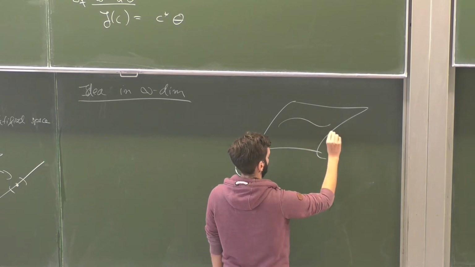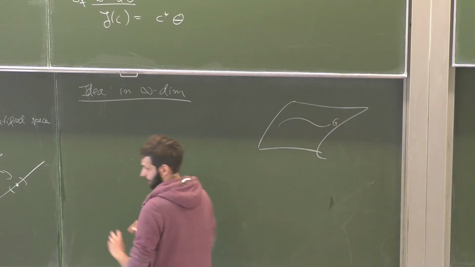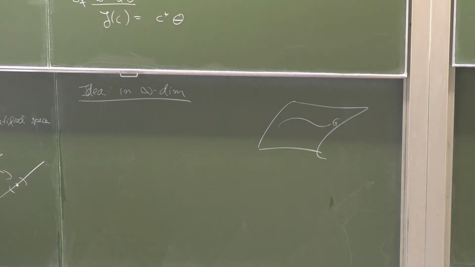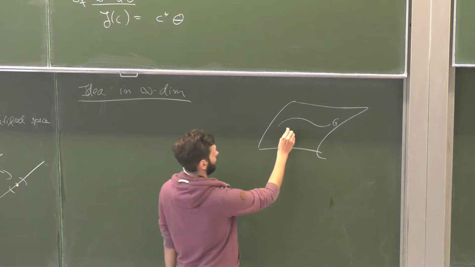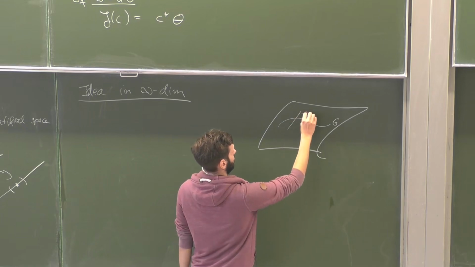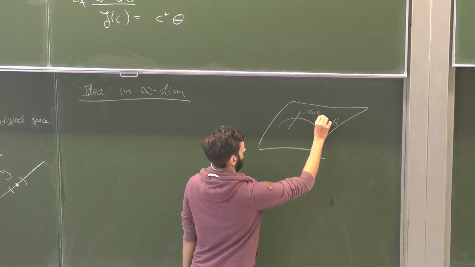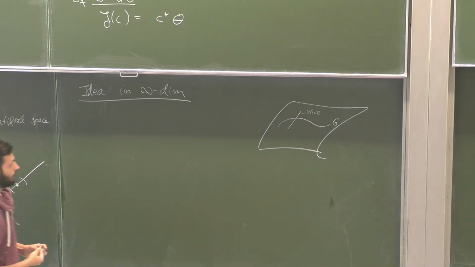We have some curved orbit, and we would like to understand the neighborhood around that. The first idea is that we choose what is called a slice for the action. A slice gives you a transversal thing to the action, but we don't assume that it's compatible in any way with the symplectic form.